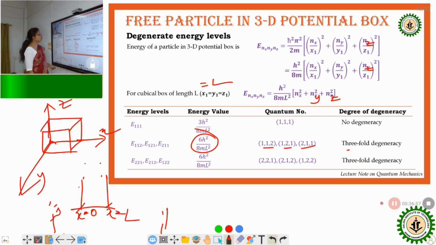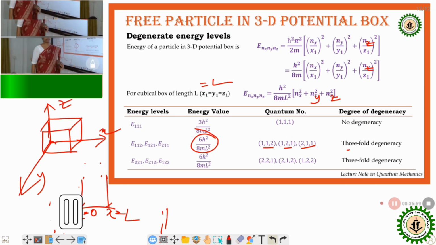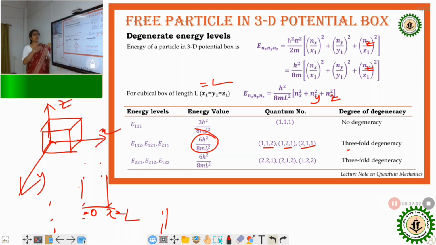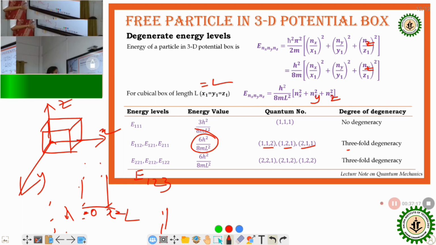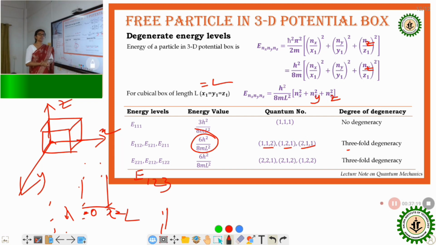Now if you go for say E 1, 2, 3, take that example also. If you give a combination of the quantum states 1, 2, 3, 1, 3, 2, 2, 1, 3, 2, 3, 1, 3, 1, 2, 3, 2, 1, how much degeneracy have you got? 1, 2, 3, 4, 5, 6.